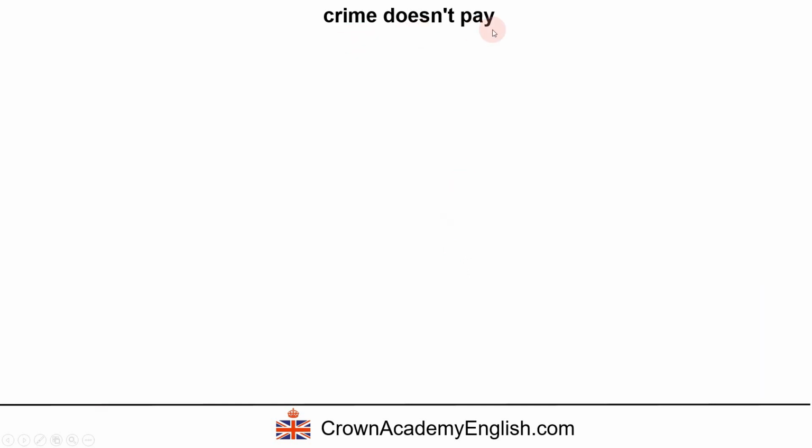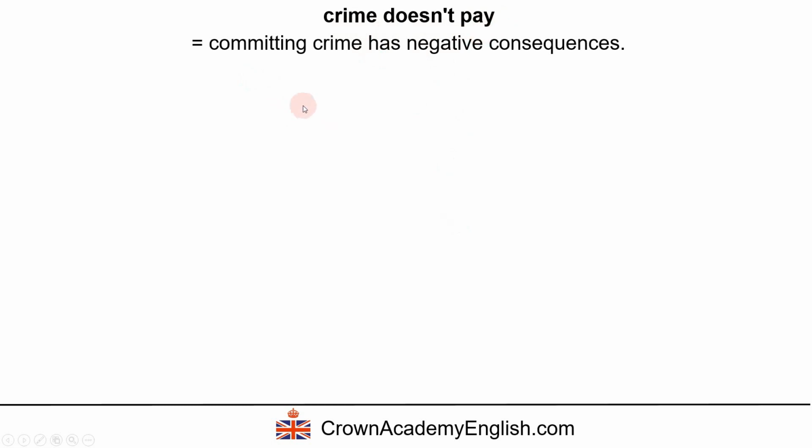Crime doesn't pay. So when you say this to someone, you are saying that crime is not good. You are saying that crime is a bad thing, because committing crime has negative consequences. And you're also saying that committing crime is not worth it.